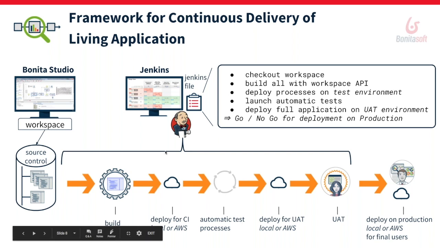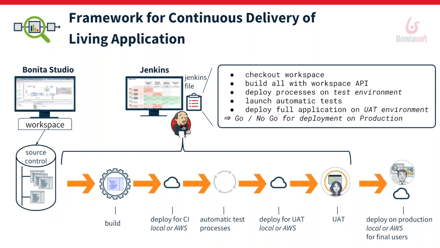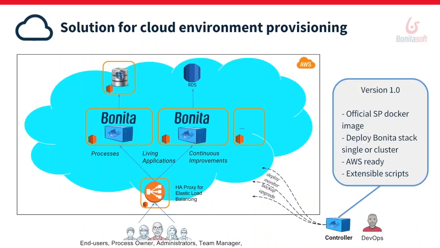So you can imagine with that in place, you can save a lot of time in deployment. But how do you understand? For that to work, you need previous steps to be completed, which is the deployment of the Bonita platform on the cloud or on premises automated.